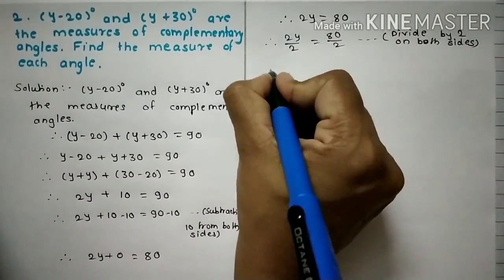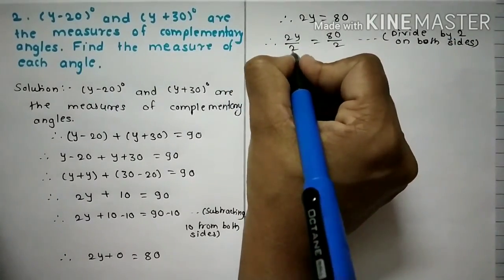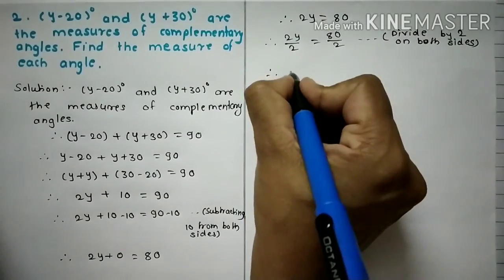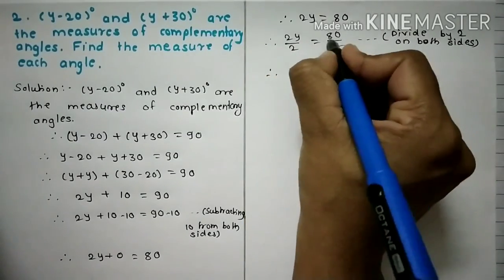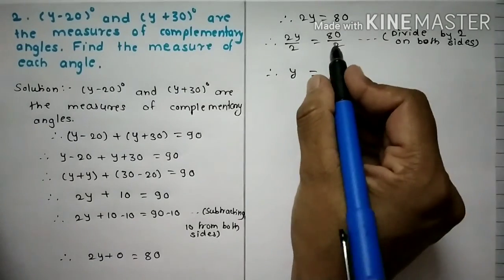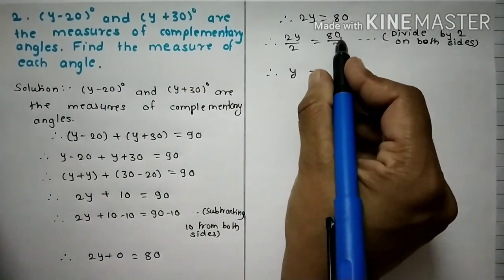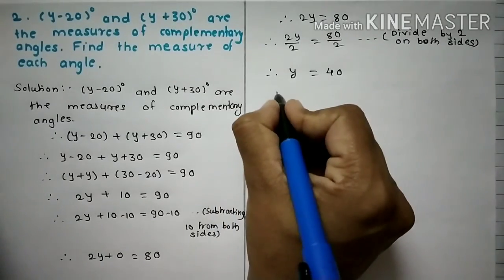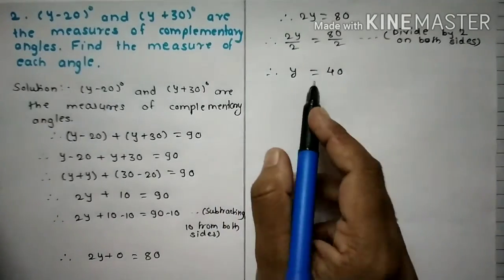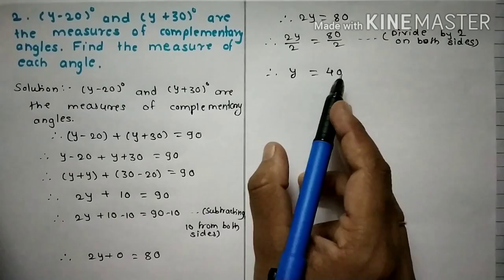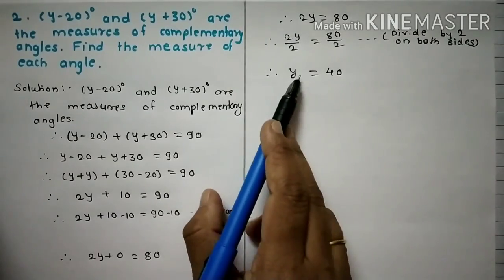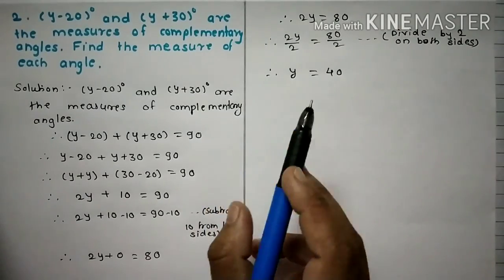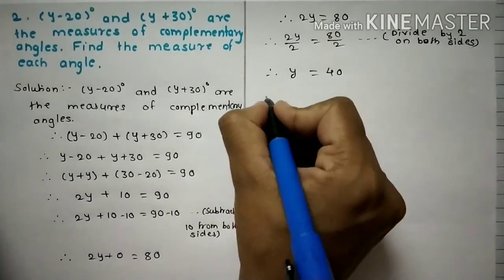Okay. Therefore 2 divided by 2 is 1, that is 1y, that is y equal to 80 by 2. 80 divided by 2 we get 40. Therefore the value of y is 40.